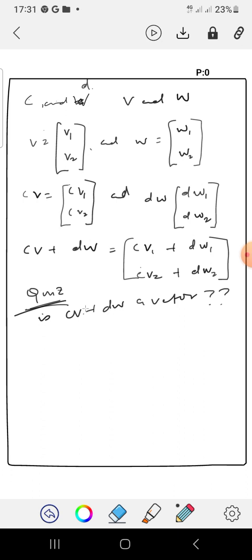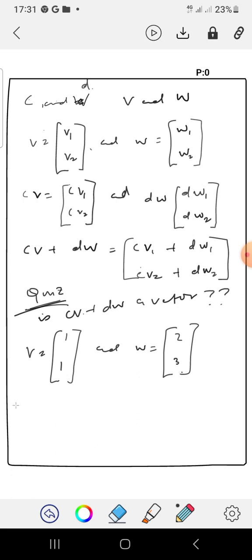All right, so now let's look at this in real life. Let's say our vector V is 1, 1, and omega is 2, 3.